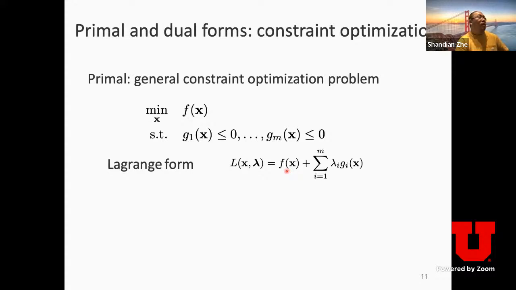I believe everyone has seen this term before, in high school or in first-year college calculus. We learned how to solve an equality constrained optimization problem: use the Lagrange form, take its gradient and set it to 0, and we can solve the constrained optimization problem with equality constraints.